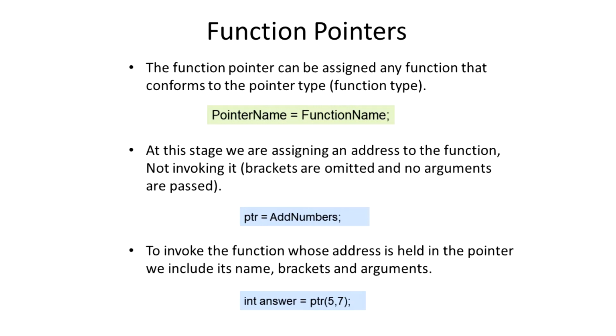Okay, so that pointer, where we assigned it the address of the addNumbers function, what that function name itself points to, we assigned that to PTR, so therefore we can use our pointer as a substitute for the function name.